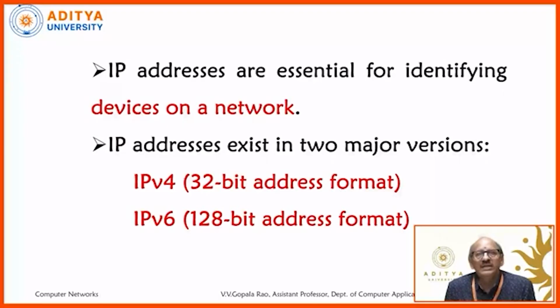It is basically to identify the exact device concerned with handing over or taking over the information from the medium or link. That is why it is very useful. Basically, in the network layer, IP addresses are classified into two: IP version 4 and IP version 6.